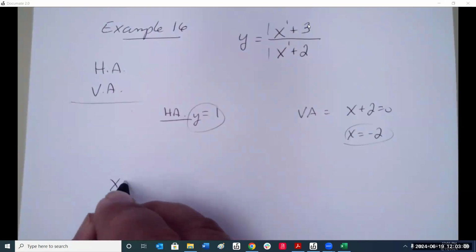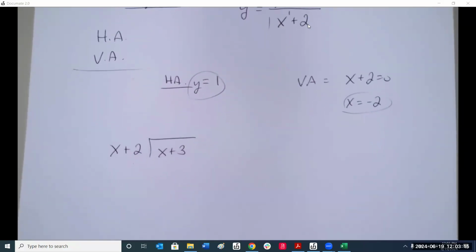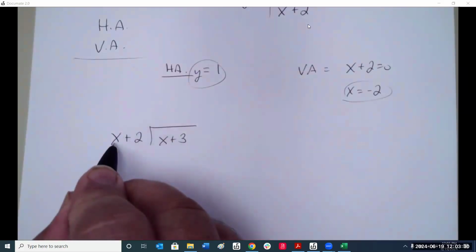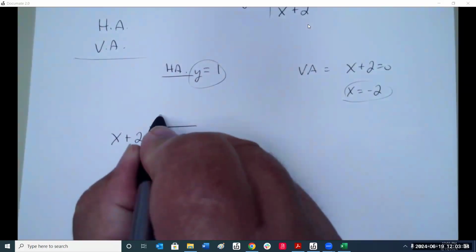First, let's do long division. Because remember I told you that in the near future we're going to use both the number and the remainder. That's what we're going to do here. So what times x gives me x? 1.